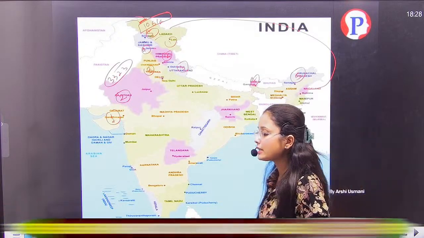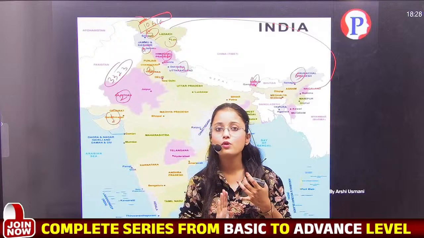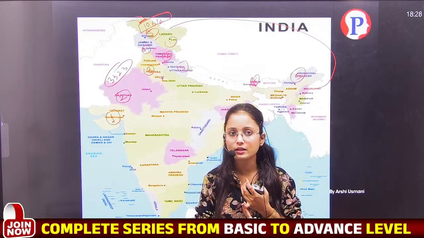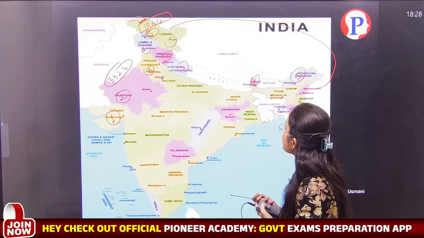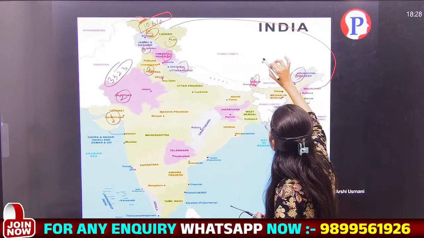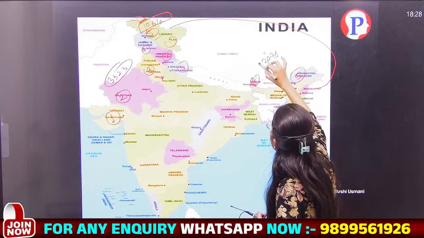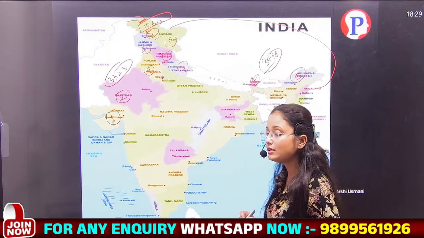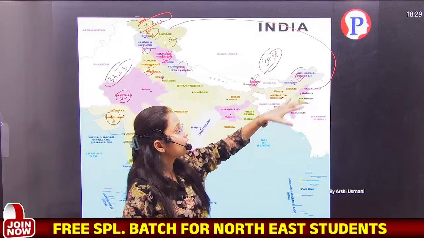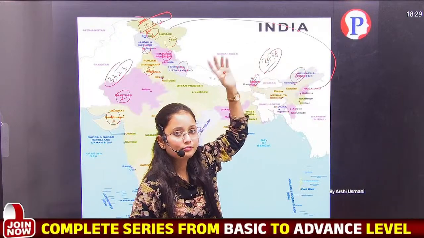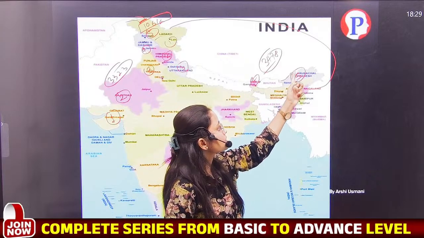So four states and one union territory share their boundary with China. This boundary is 3478 kilometers, and the boundary name is the McMahon Line, located only between Arunachal Pradesh and China. McMahon Line is just like here.